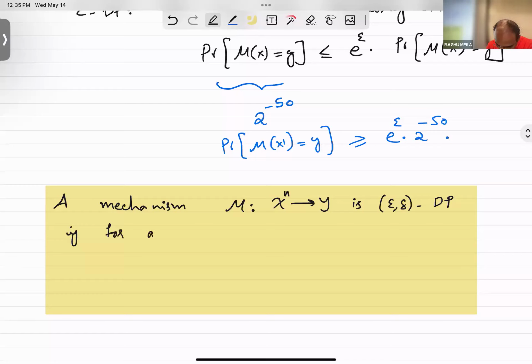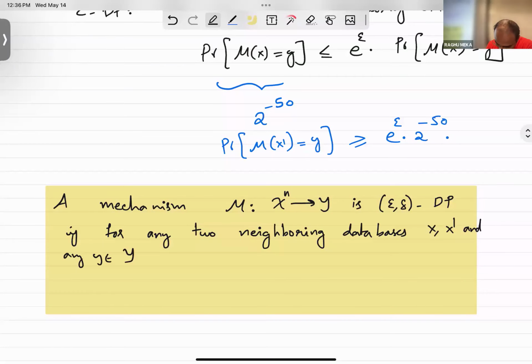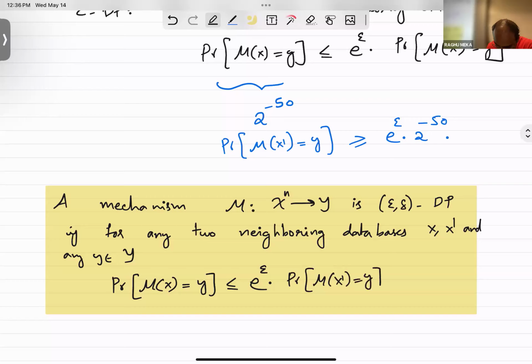If for any two neighboring databases X and X prime, and any Y, you start out with the same condition as earlier. Okay. But I'm also allowed to have an additive delta error.